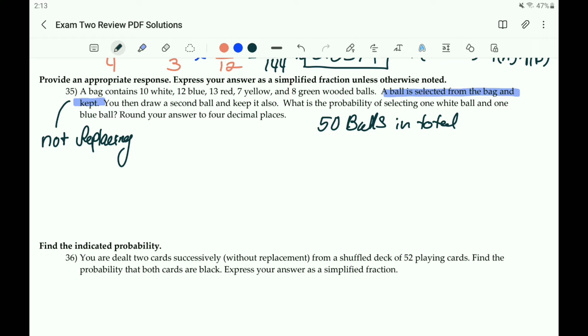What is the probability of selecting 1 white and 1 blue ball? Round your answer to 4 decimal places. All right. So you want to find the probability of selecting a white first. So the first ball is white. And the second one is going to be blue.